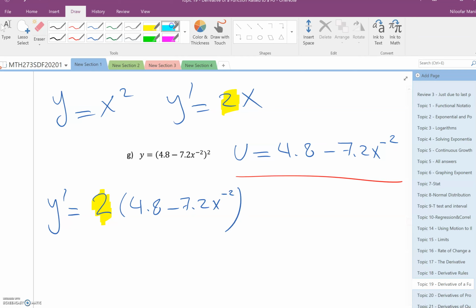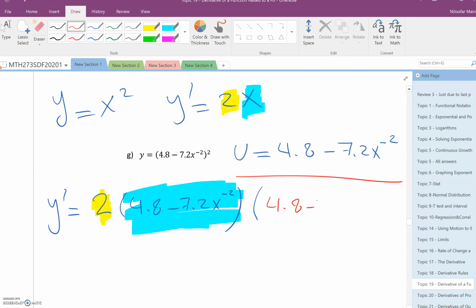Okay, so this derivative of inside, yes. Okay, y prime is 2 times 4.8 minus 7.2x to the minus 2, right?